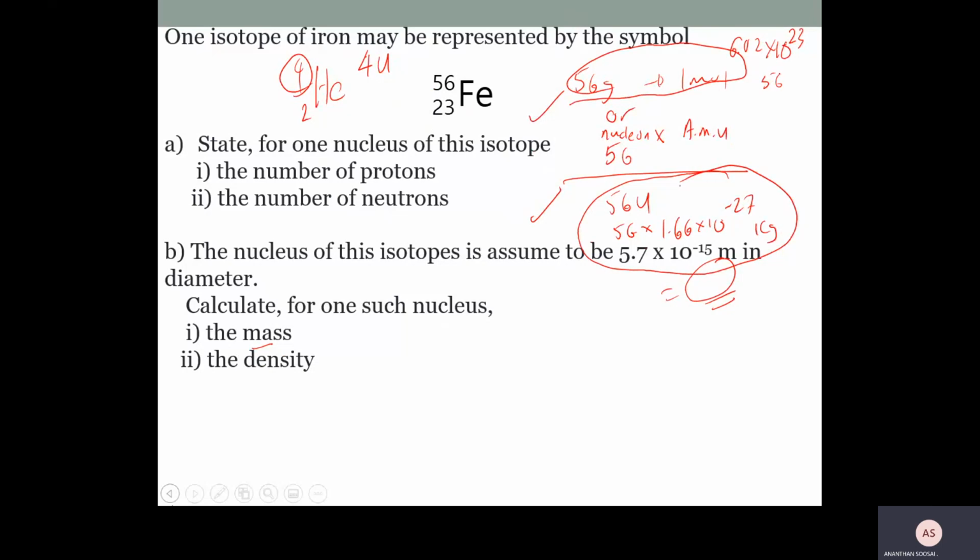So, what is the volume formula? 4/3 pi r cubed. Yes, 4/3 pi r cubed to be used. So r is the radius, given the diameter, divided by 2. Yes, get me the answer. Come on, get the mass, get the density. Something important to be shown here.